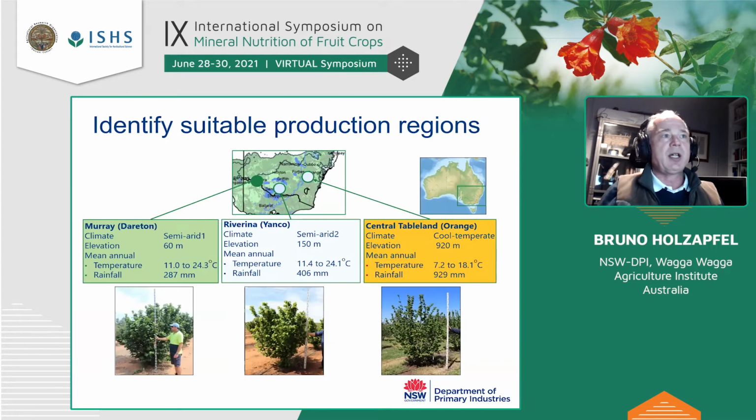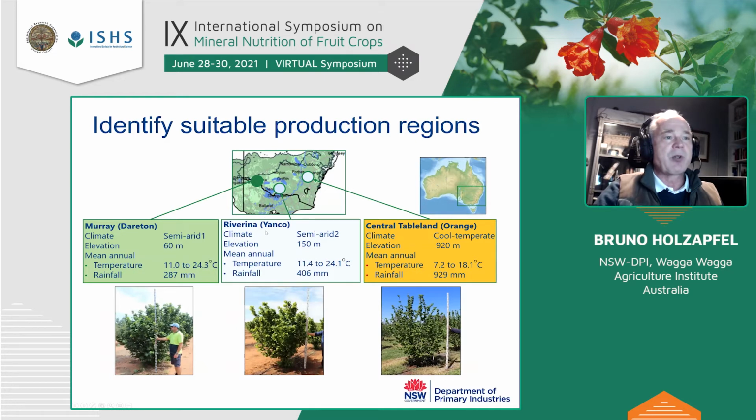So for this, one of the things is to identify suitable production regions. And for this, we established orchards a while back in the Murray and the Riverina.